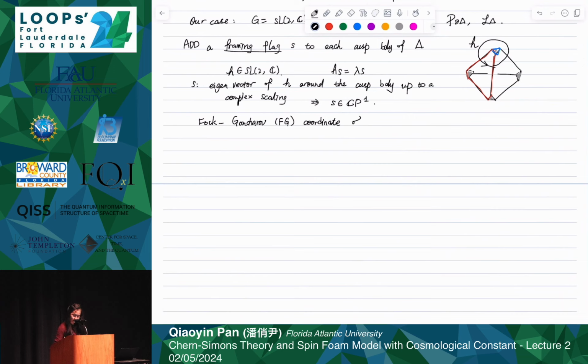It is a coordinate for the Chern-Simons phase space on the boundary of an ideal triangulation, an ideal tetrahedron. And why is it good? Because this coordinate has two nice properties. The first is that it's gauge invariant, and the second is that it has a simple Poisson bracket.